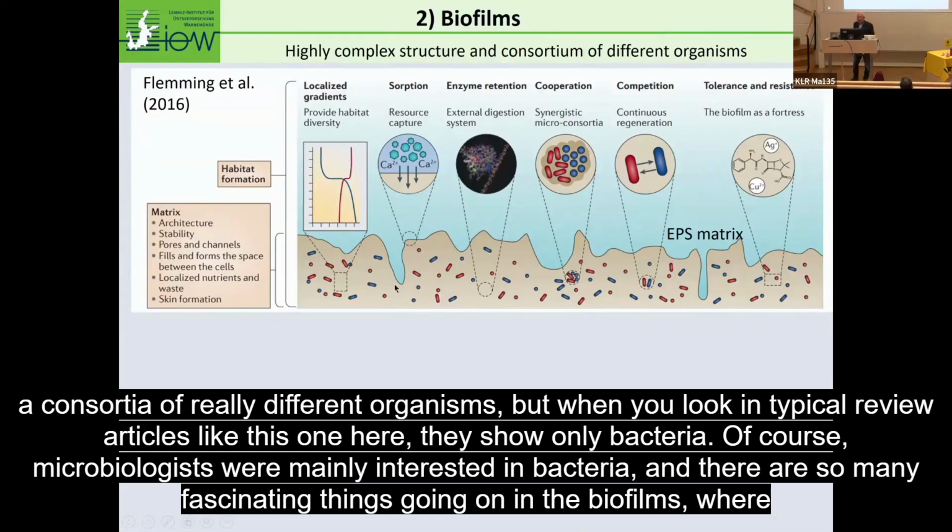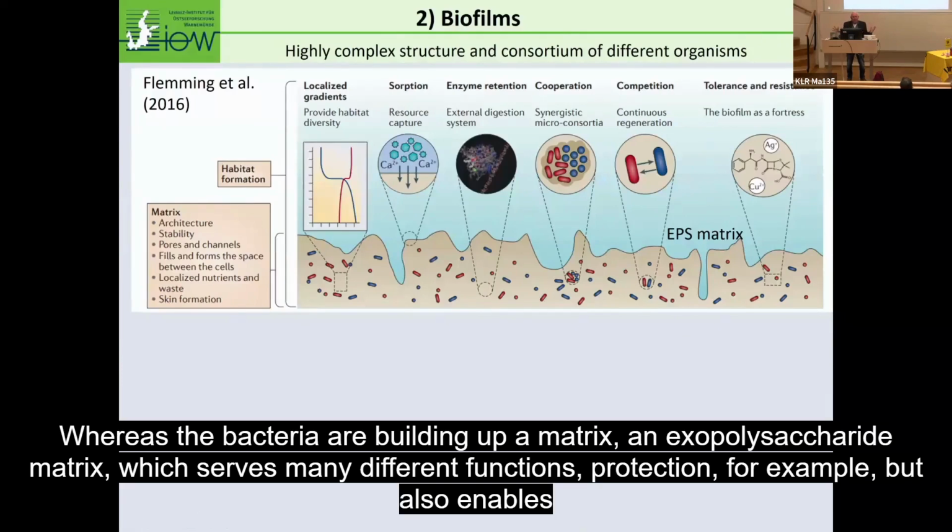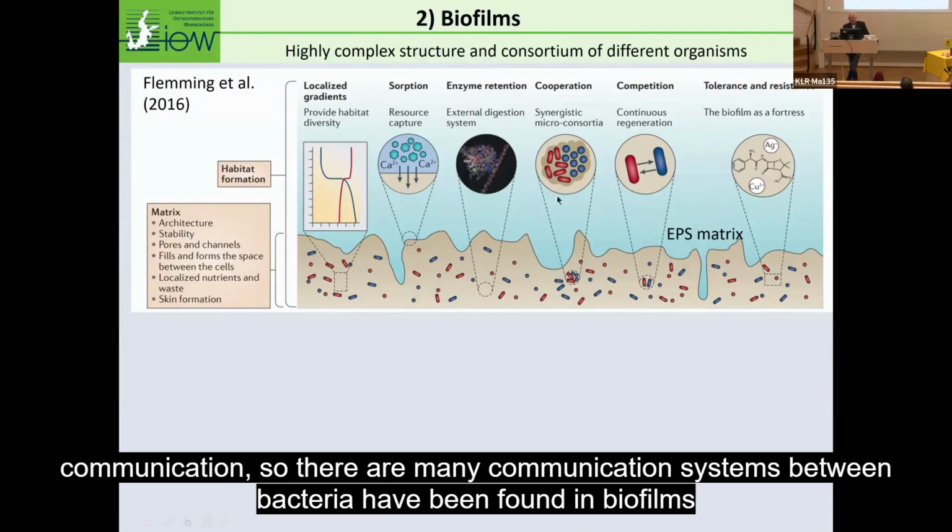Of course, microbiologists were mainly interested in bacteria, and there are so many fascinating things going on in the biofilms where the bacteria are building up a matrix, an exopolysaccharide matrix, which serves many different functions, protection, for example, but also enables communication. Many communication systems between bacteria have been found in biofilms.